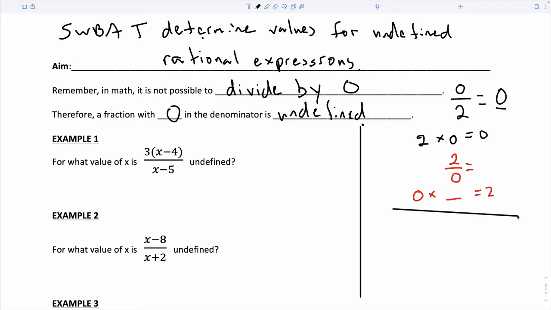Let's try. So what is it? I kind of want a number for this, but undefined is one of those weird things where mathematicians just don't know.